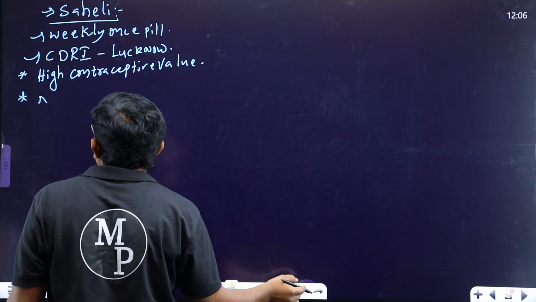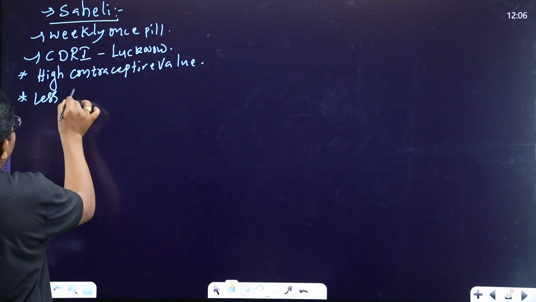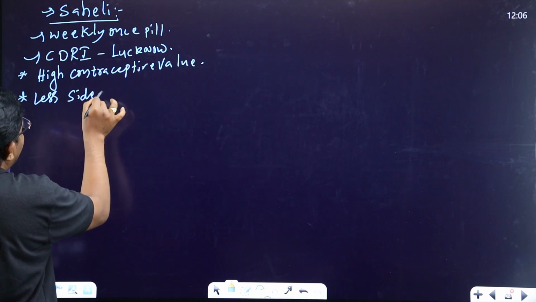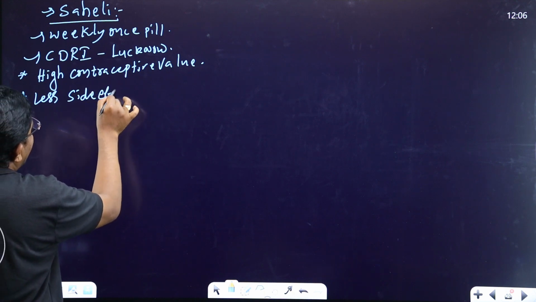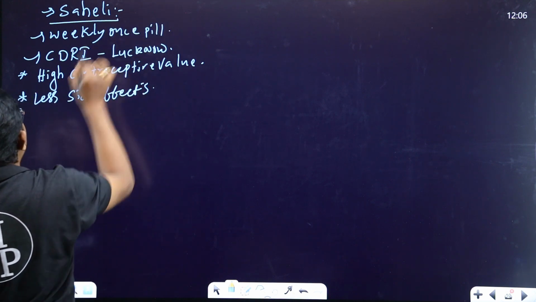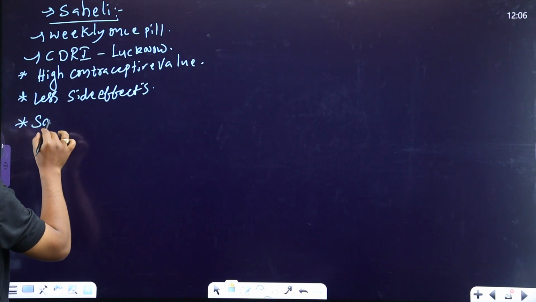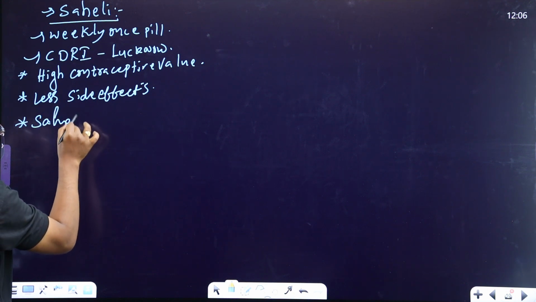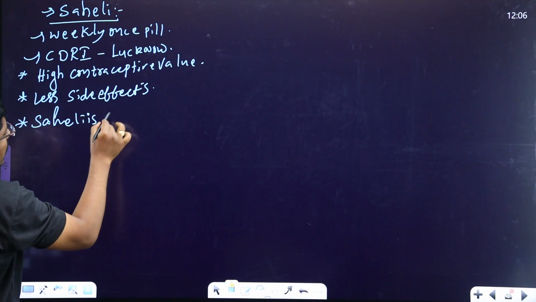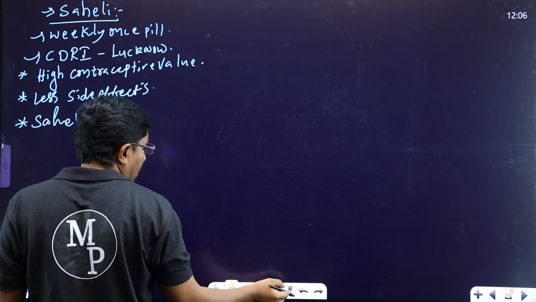What is the reason side effects are almost nil? Less side effects means the Saheli is a non-steroidal contraceptive pill.